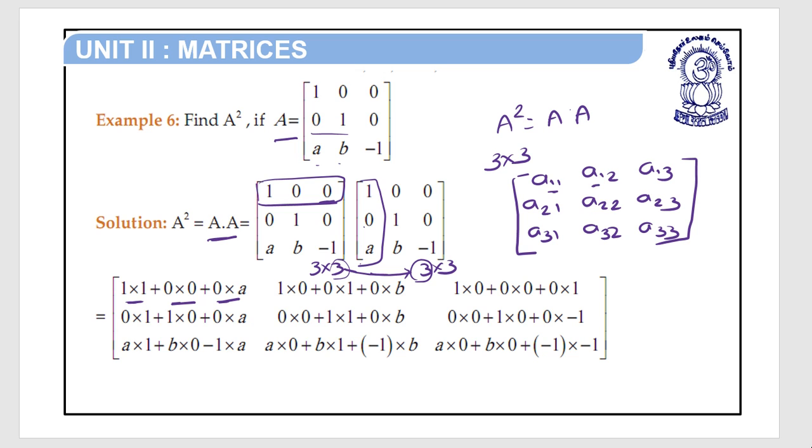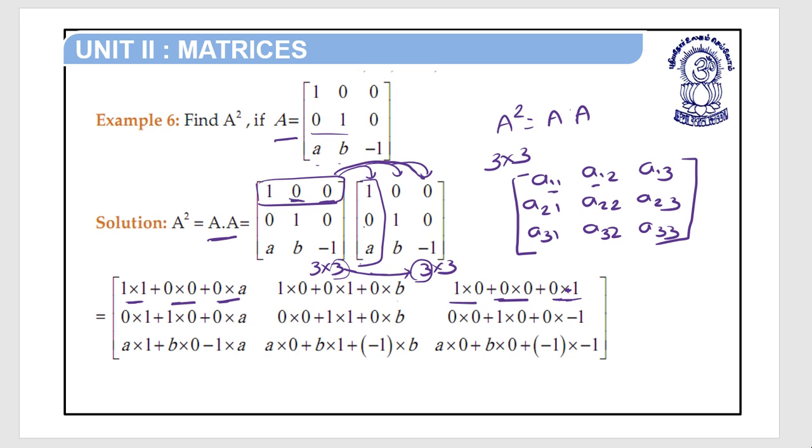Here row remains same and column changes: 1 into 0 plus 0 into 1 plus 0 into b. Same way for third: 1 into 0 plus 0 into 0 plus 0 into minus 1. Here the minus sign is missing, so minus 1.